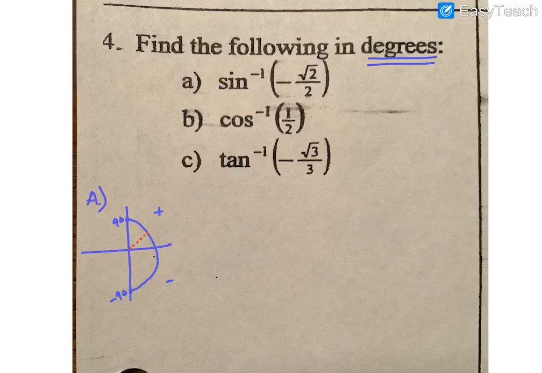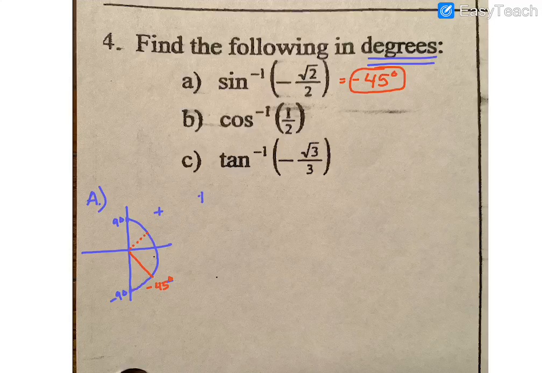But since we need the negative, we're going to be down here at negative pi over 4, or in terms of degrees, it's negative 45 degrees. And so sine inverse of negative radical 2 over 2 is negative 45 degrees. Again, it's negative because we need to be down here in quadrant 4.